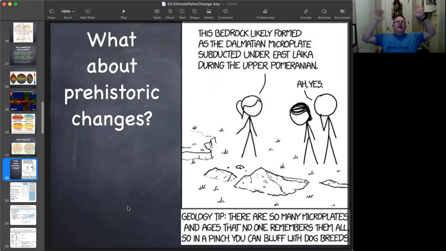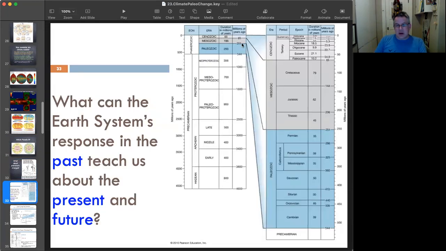Another thing we could look into, aside from looking toward the future with computer models and comparing computer models versus the observed record, is going into the deeper past and looking at paleoclimate changes. Paleoclimate changes are as old as the Earth. They go all the way back 4 billion years, and they're broken down into these funny names. These names have to do primarily with changes in the fossil record or changes in the rock record that are detectable.